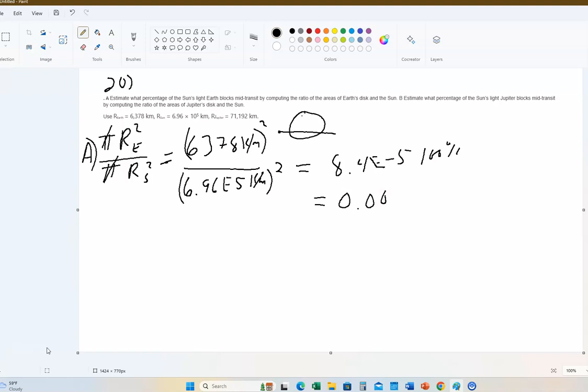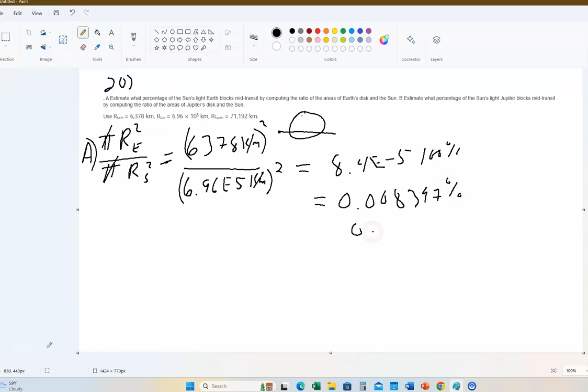So it becomes 0.00, and it depends on where you want to round this. I'm going to round it to 2 places past the decimal, and by the way, this is a percentage because we multiplied it by 100.